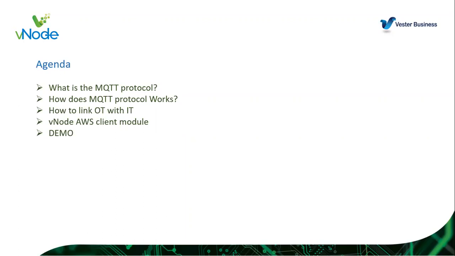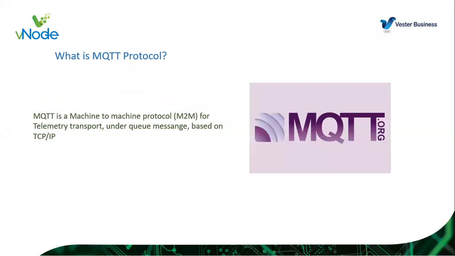All right. So let's start talking about what the MQTT protocol is. The MQTT protocol is an end-to-end protocol developed by IBM. It is a telemetry transport protocol based on message queues, and it uses the OSI standard based on a TCP/IP connection.